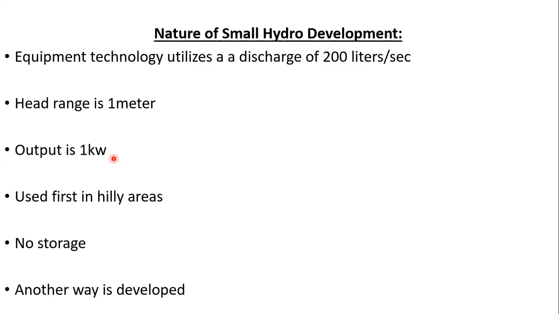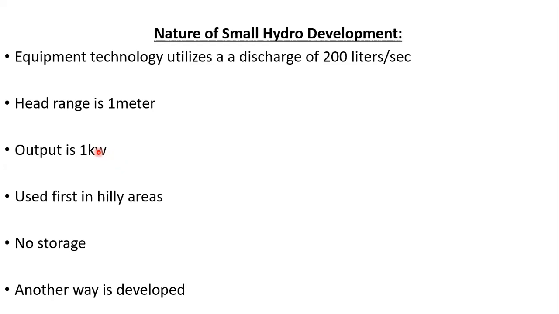This development of relatively small potential is of course dependent on the present need and the resources we have. The first type of small hydropower development is confined only to hilly areas, and it is characterized by relatively very simple features of work.